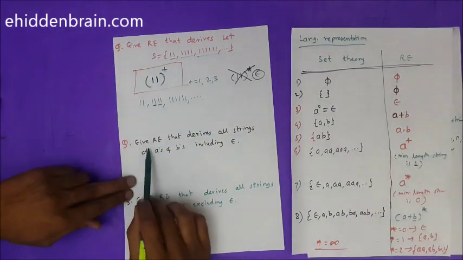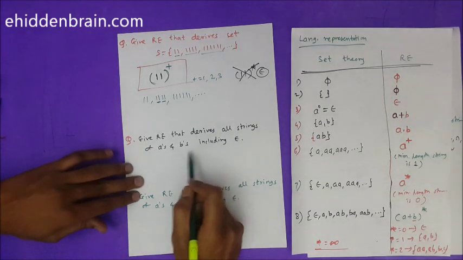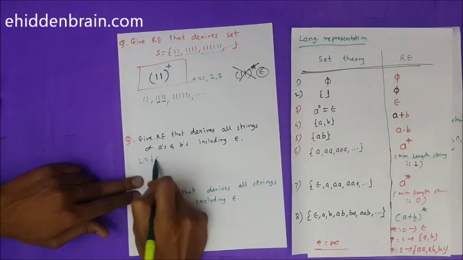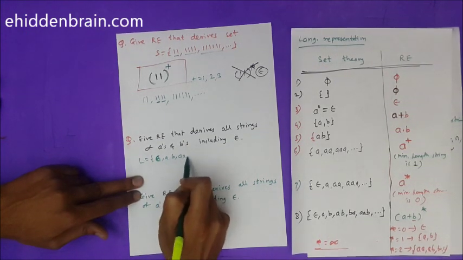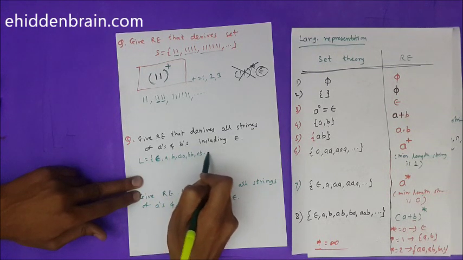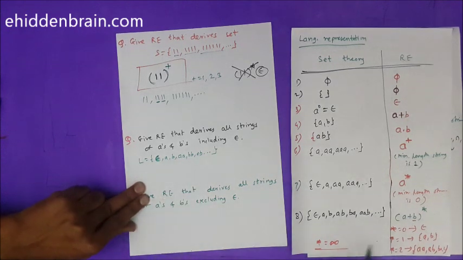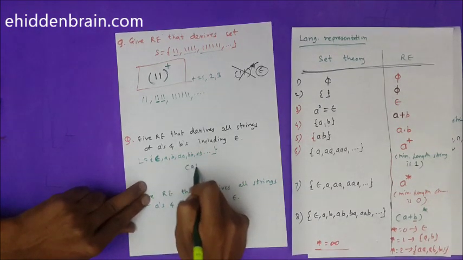Now if you understood this, let's try to do the same for A's and B's, including epsilon. So all the strings of A's and B's. It's always better to draw the language. Epsilon should be accepted, A should be accepted, B should be accepted, AB, BB, like this. All the strings of A's and B's must be accepted. And how to do that? We have already done this here. It will be A plus B star simply.